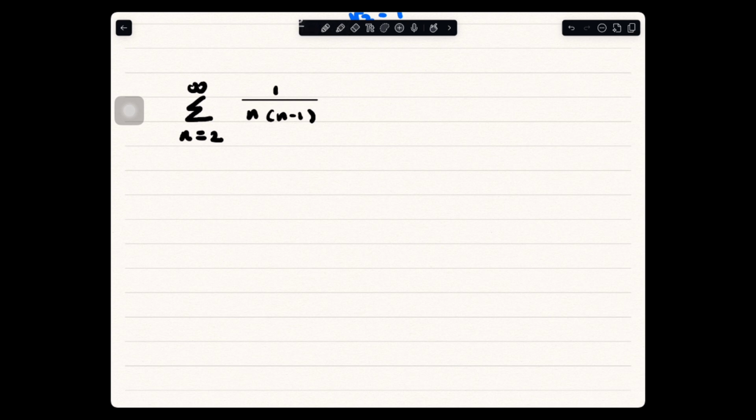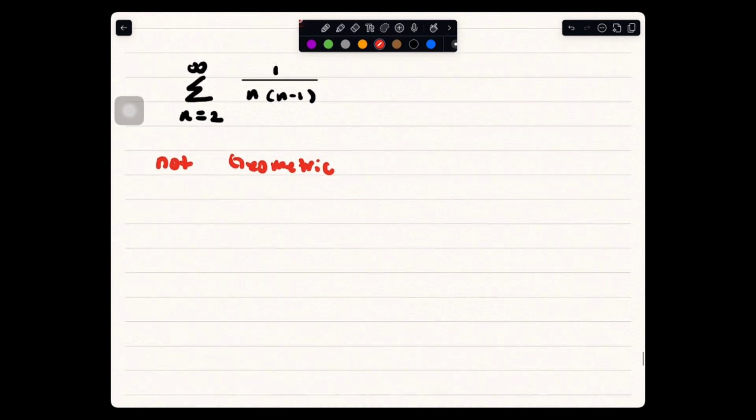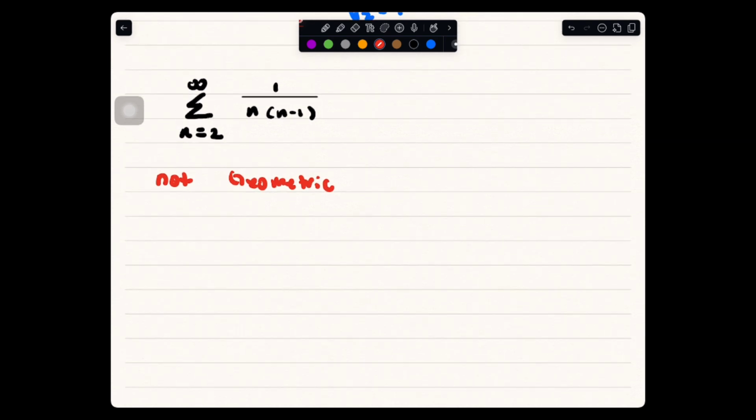So here is an example of a series. I want to say a few things about it, though. The series is not geometric. And you might say, well, how do we know that this particular series is not geometric? Because if you look at the terms of the series, you start with n is 2, by the way.